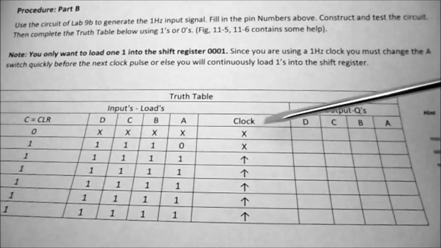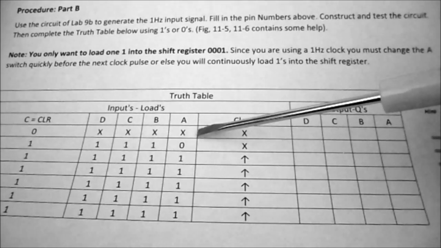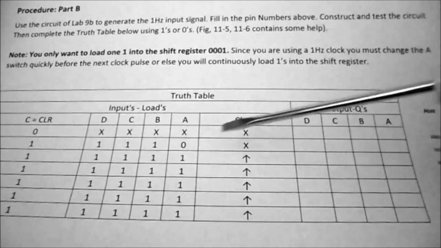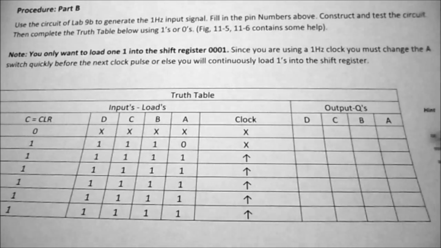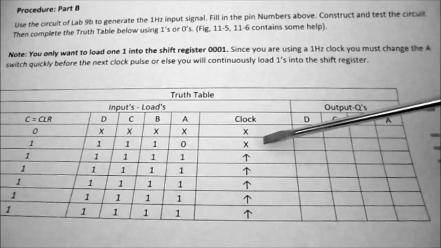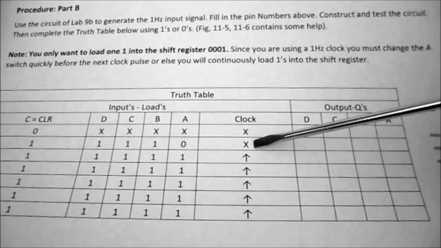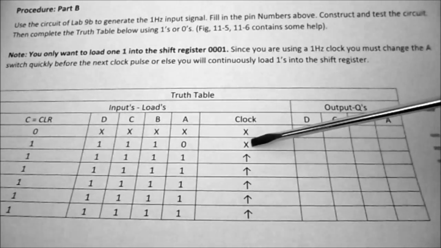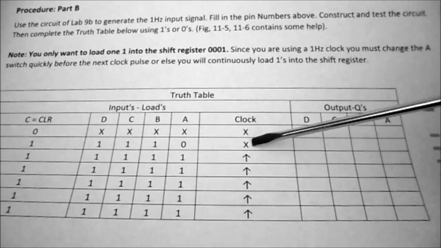So going back to our truth table, you can see the first thing we're going to do is clear our shift register. Then we're going to do a load of a 1 bit into the A position. You'll notice there's no clock signal needed because those presets and clears are asynchronous, meaning they don't wait for the clock signal.